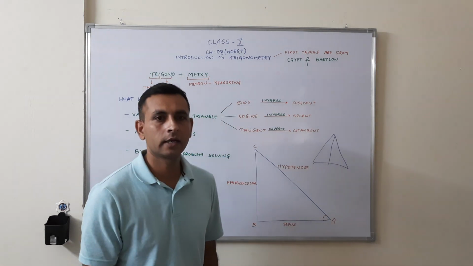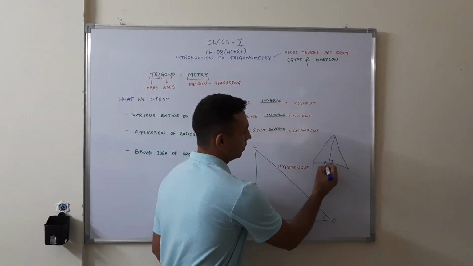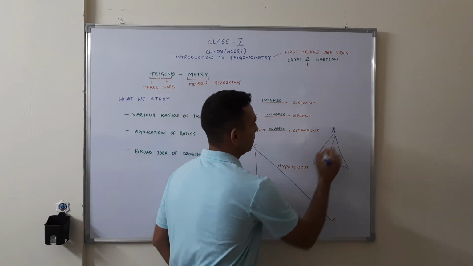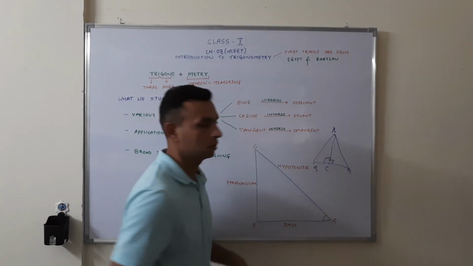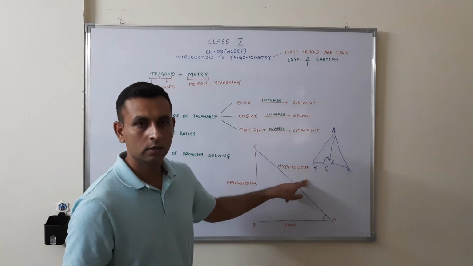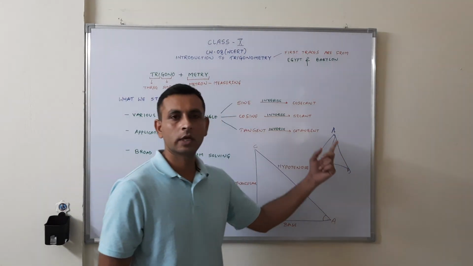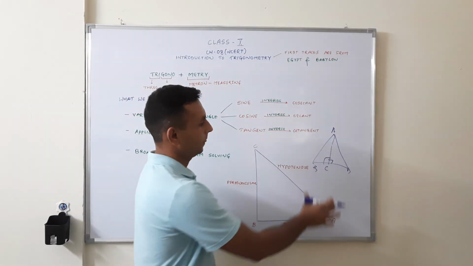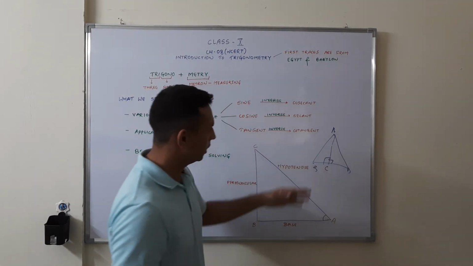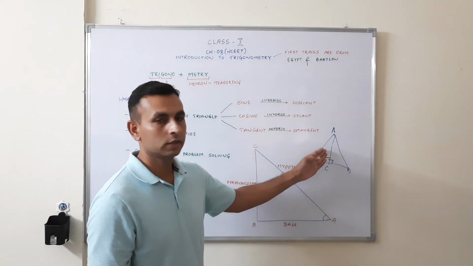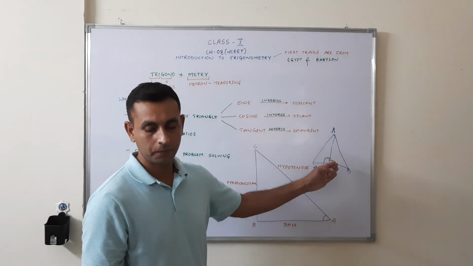You have to make it into a right angle triangle. For this triangle ABCD, for ACB, you can apply trigonometric ratios. For ACD, you can apply trigonometric ratios. With the use of this, if you know two sides, you can find out the other side when you know the angle also. Okay.